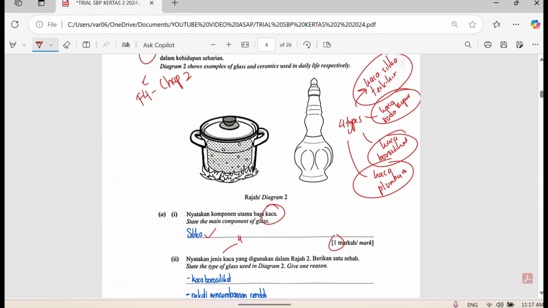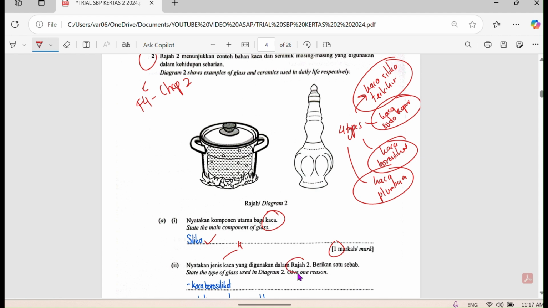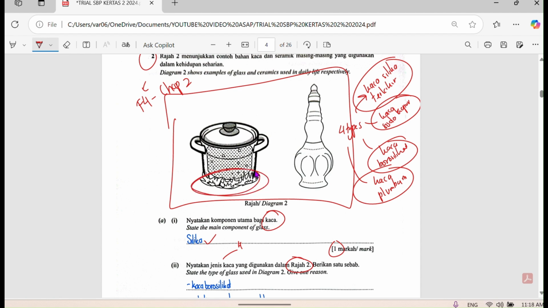So in this case, nyatakan jenis kaca yang digunakan dalam rajah 2. Okay. So rajah 2 here, you look at this, there's so much heat directed towards this pot. That means the kaca that you're about to choose must tahan haba yang tinggi. It must be able to stand a high temperature, correct?